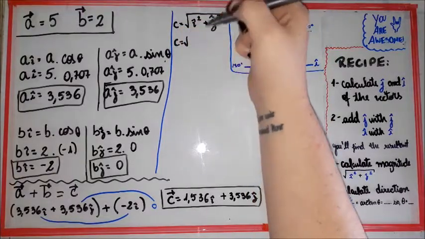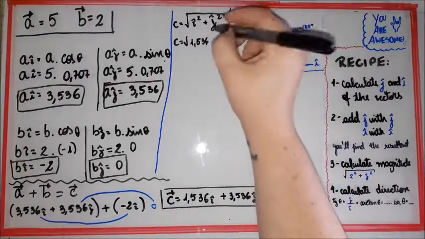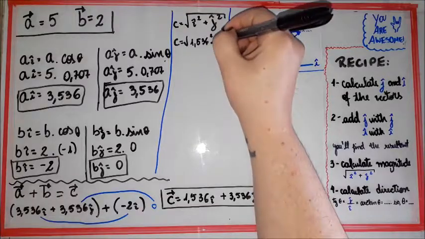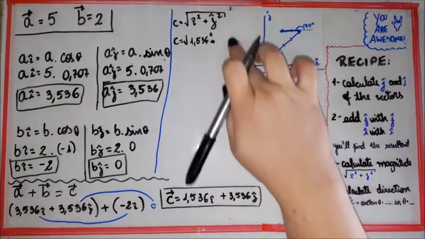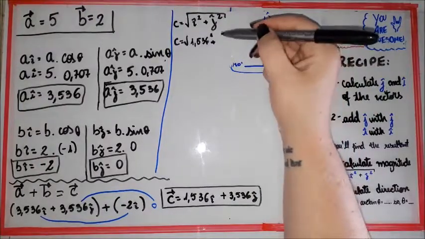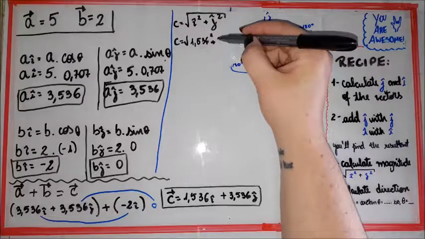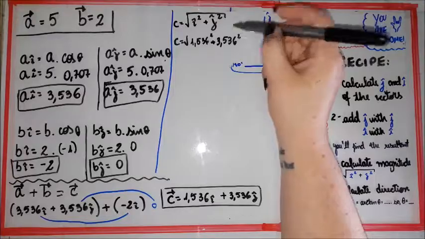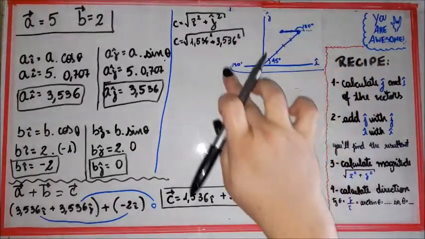C equals 1.536 squared plus 3.536 squared, right?